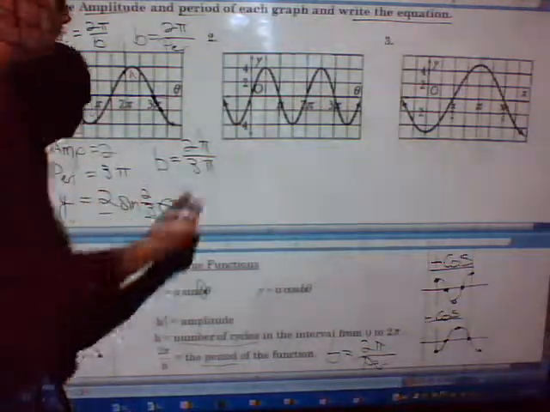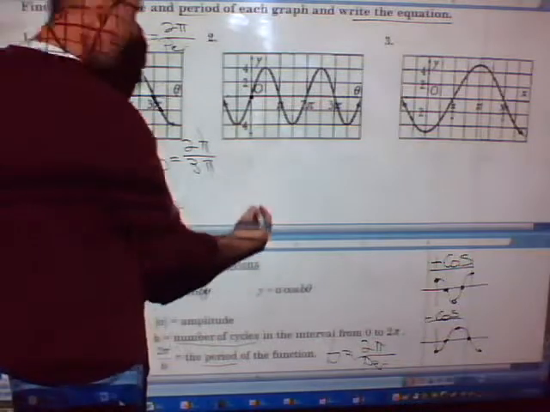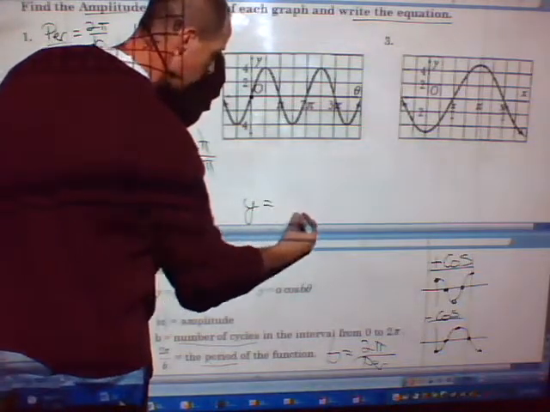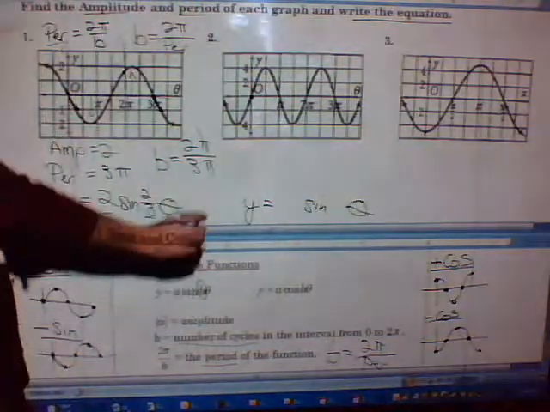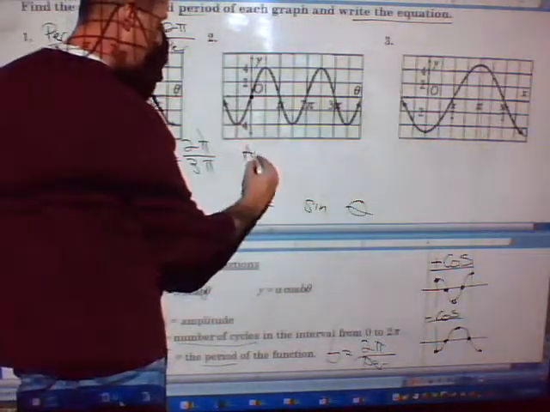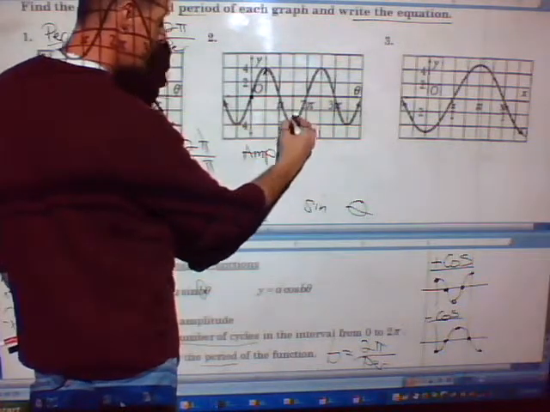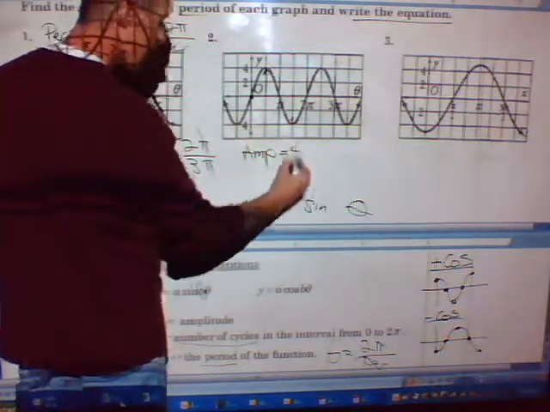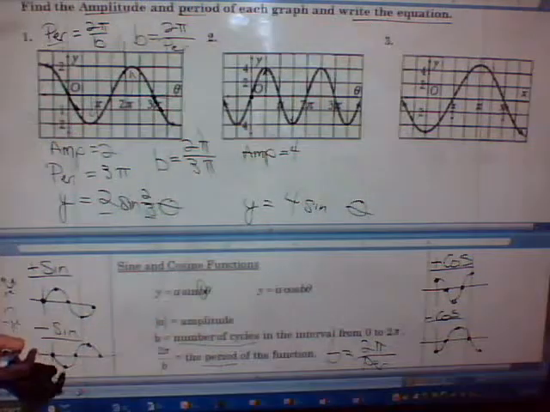So this one looks like the graph is going through the origin again. So again, this is a sine graph, so this is going to be y equals something sine something of theta. Okay, so let's get our amplitude. Our amplitude here looks like we're going up and down 4. So our amp is 4, so this gives us 4 sine theta.